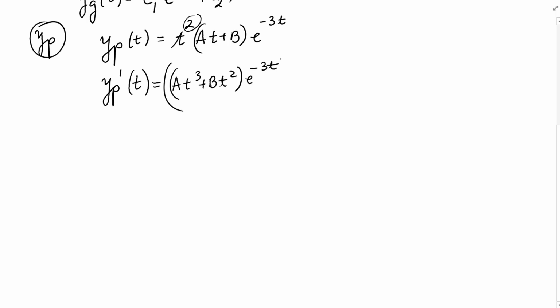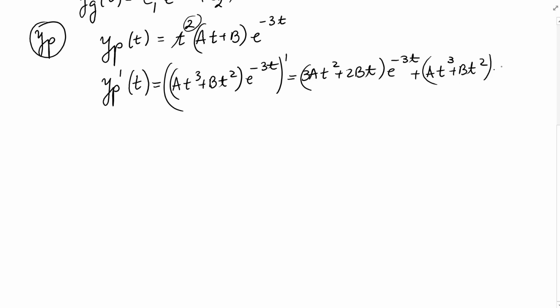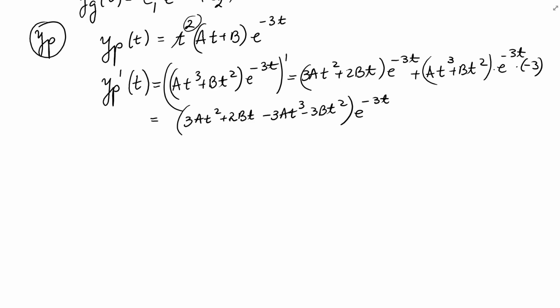Then I have to differentiate that using the product rule. I get (3at squared plus 2bt) e to negative 3t plus (at cubed plus bt squared) times e to negative 3t times negative 3. We can do a little bit of algebra here and end up with this.